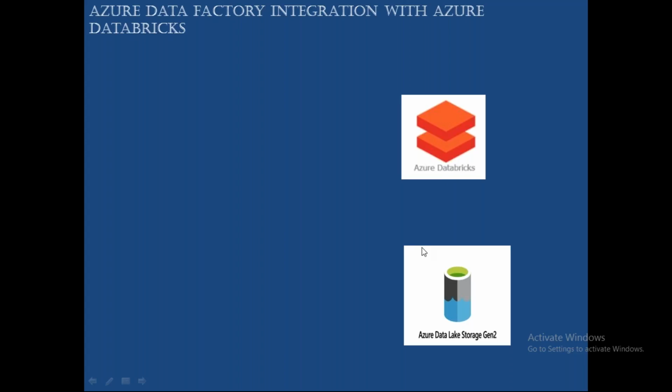Now, when you are creating a mount point, you need to use something called app registration: application ID, directory ID, and secret. The application ID and directory ID you can hard code, but the secret you should not hard code. That is a little bit secure. So how can you secure those kinds of sensitive information? I'm going to use something called a key vault.